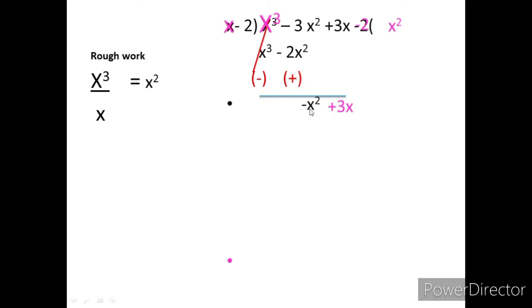So to remove this minus x square, this glowing x should be multiplied by which term? So for that question, you have to answer like this. You have to divide this glowing x square with this glowing x to get the second term of the quotient.